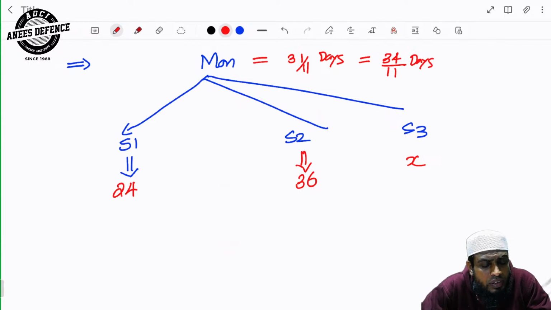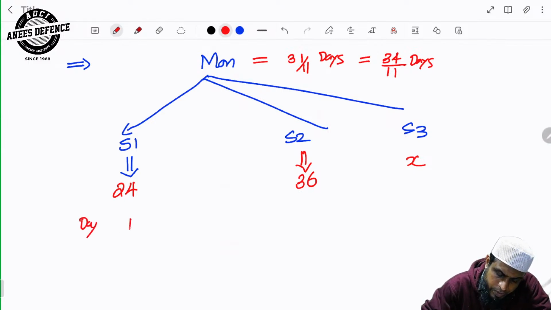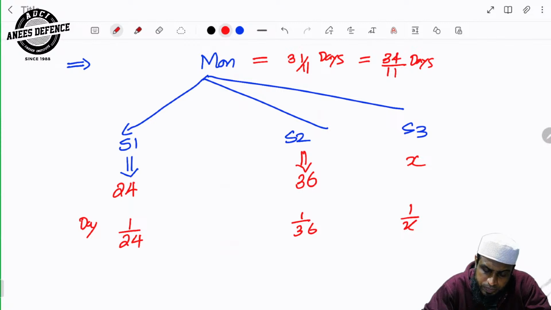Another thing given is the man can do twice the work of 3 sons. So work done by first son in a single day is 1 by 24, second son is 1 by 36, and third son is 1 by X. See, if the total work is W, then W by 24, W by 36, W by X. So in a day.